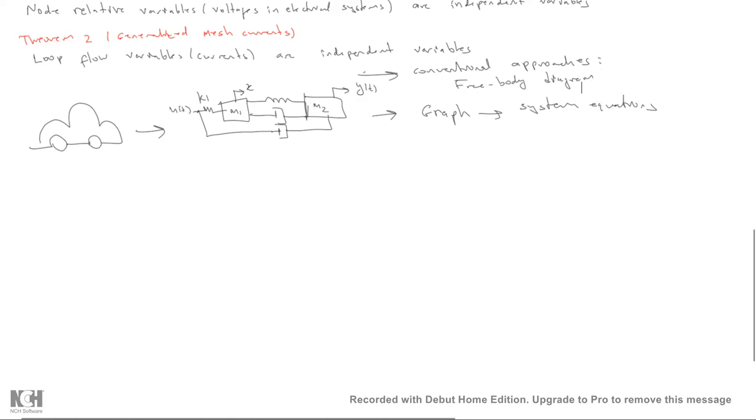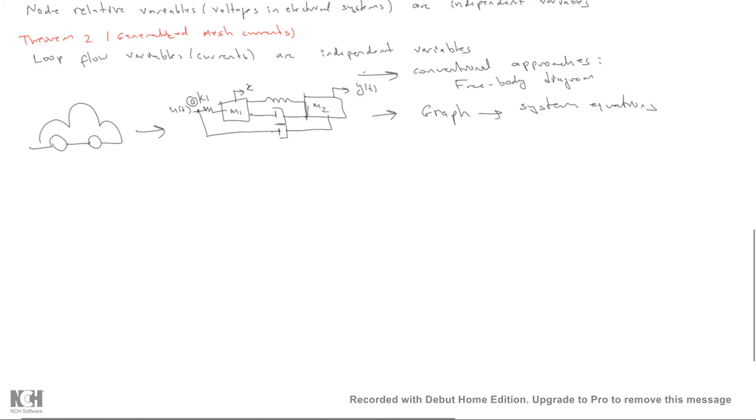So the input terminal is going to have a position independent of x. X and y are the two positions of masses m1 and m2, and other than that there are no independent nodes in the system. Let's call the u of t node, node A.